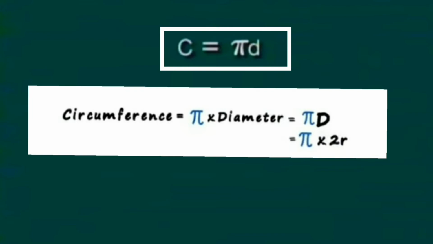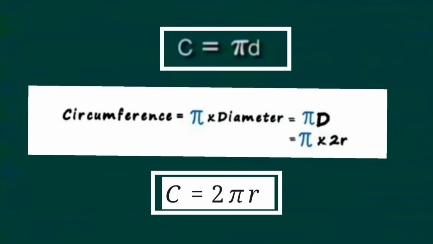So, the circumference of a circle is written as 2 pi r. This is a very important formula as it gives you the value of circumference even if you just have the radius of the circle. So, now we know the formulas to find the circumference of a circle.